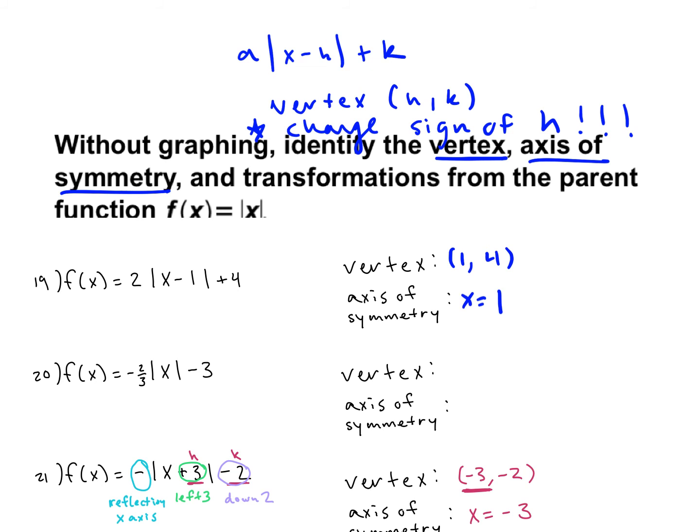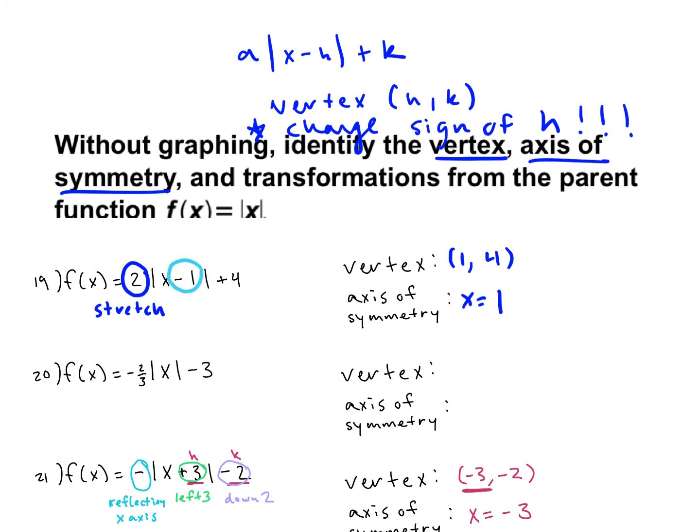Now we just look at our transformations. What does this 2 do? Stretch, because 2 is greater than 1. If there were a negative being multiplied outside, then it would be a reflection.